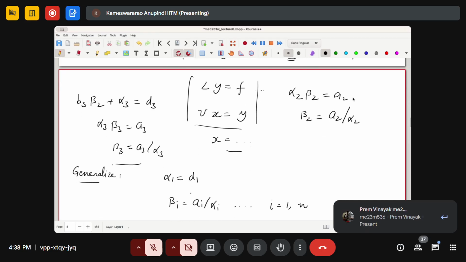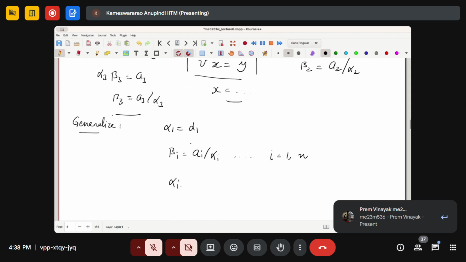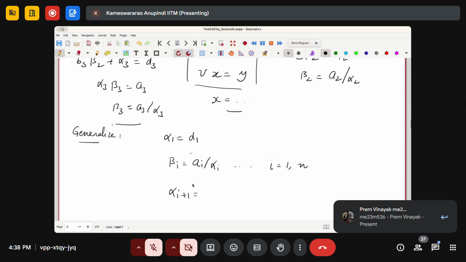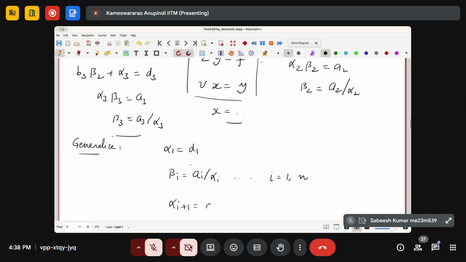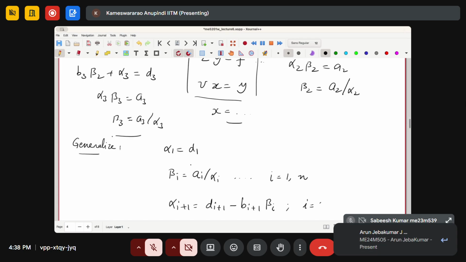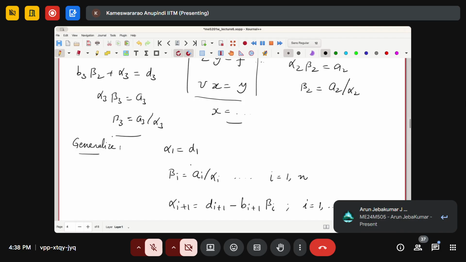Or if I write it for alpha I plus 1, I will probably use this relation: alpha I plus 1 equals D I plus 1 minus B I plus 1 times beta I, where I goes from 1 all the way to n minus 1. Is that correct?